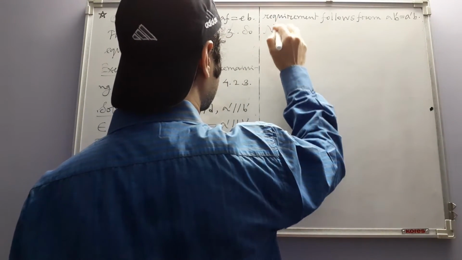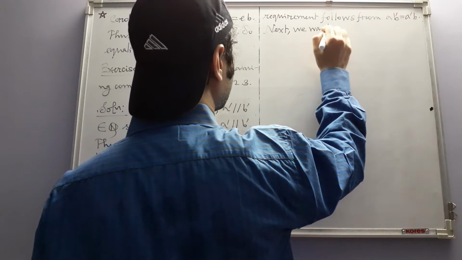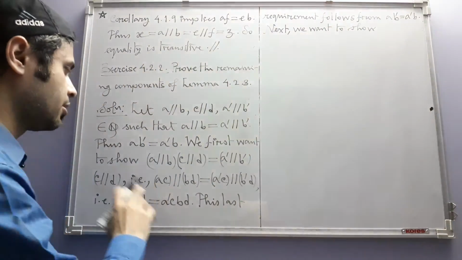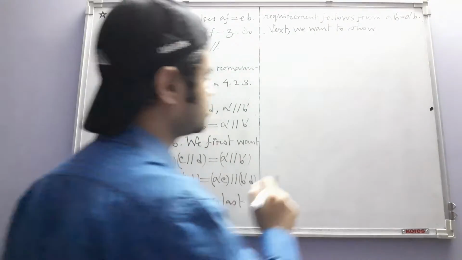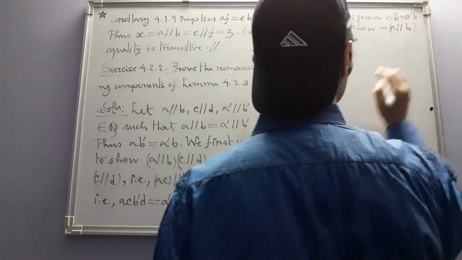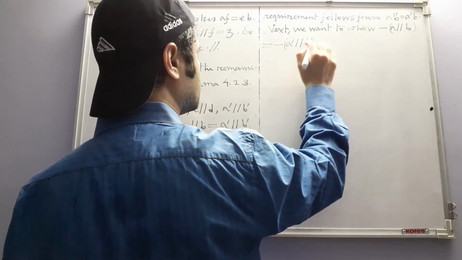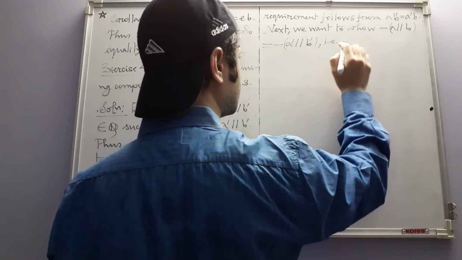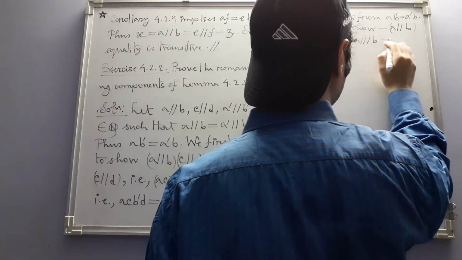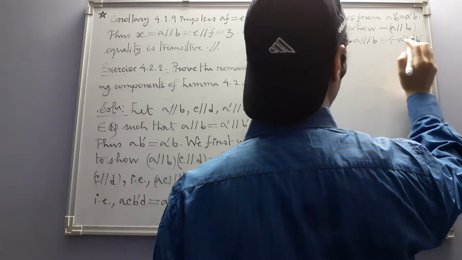Next, we want to show that equal rational numbers have equal negations. Minus of A by B is equal to minus of A prime by B prime.